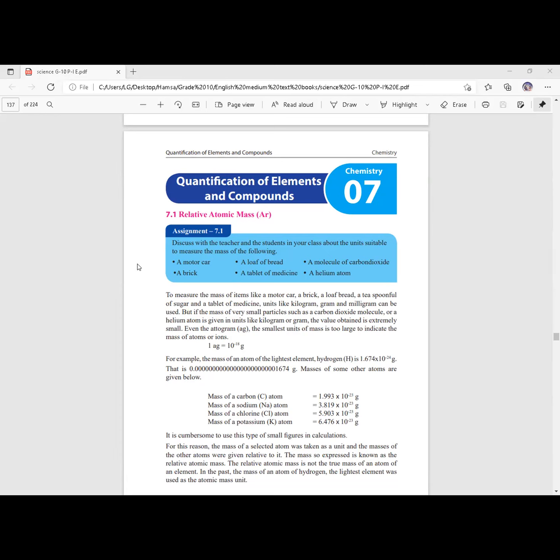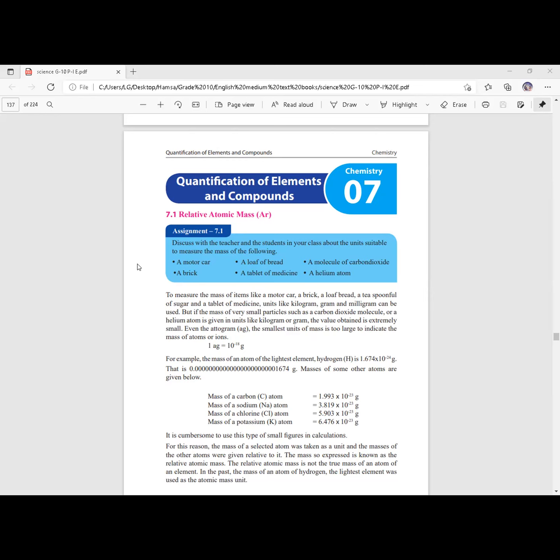When we measure the mass of other substances, like big objects, we use kilograms, grams, and if it is small, we use milligrams, like for tablets. Grams and kilograms for sugar, when you buy sugar or rice from the shop.